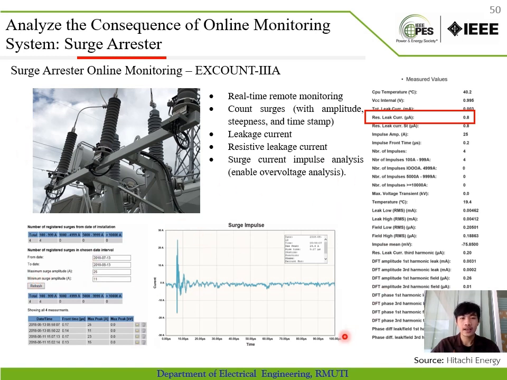With all this data, it is easy for the operator to diagnose the degradation of the surge register by comparing the value between the residual leakage current and the maximum recommended residual leakage current standard.